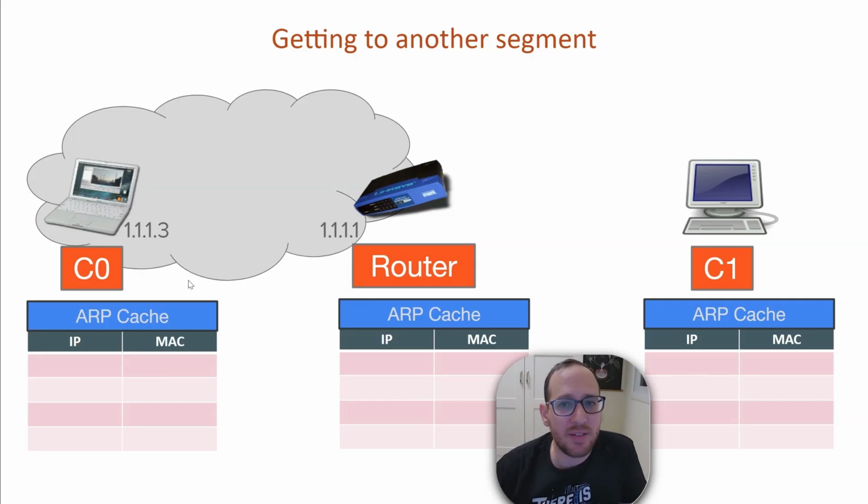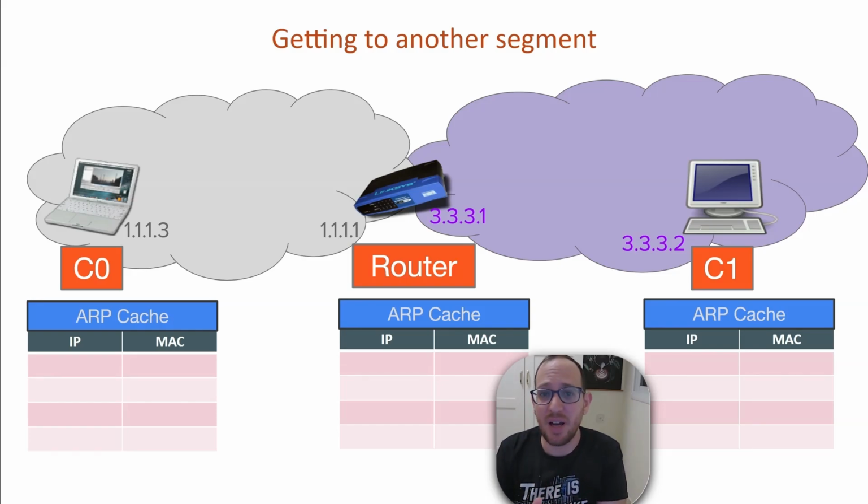So everything that starts with 111, and C0 has the IP of 111.3, whereas the router, this specific port of the router, because it's a router, which means it has multiple ports, one in each network it connects. So on the gray network, its port has the assigned IP of 111.1.